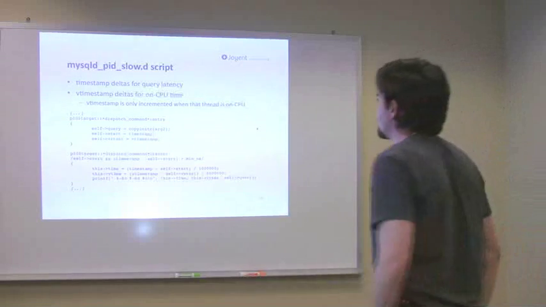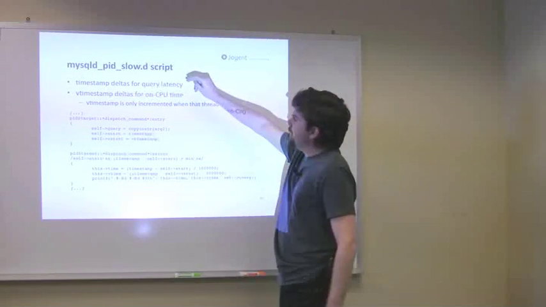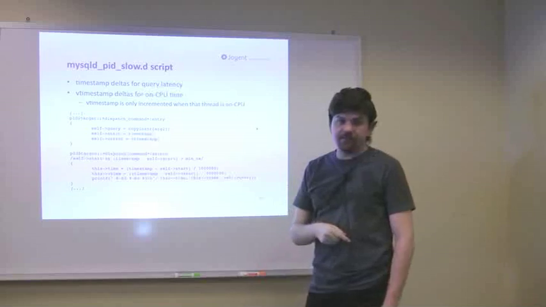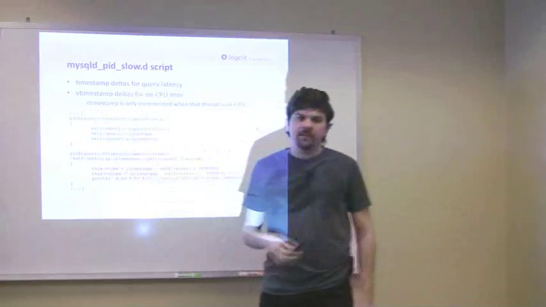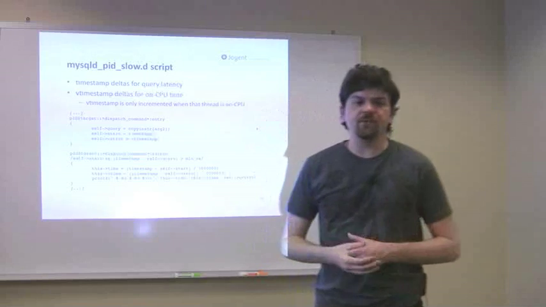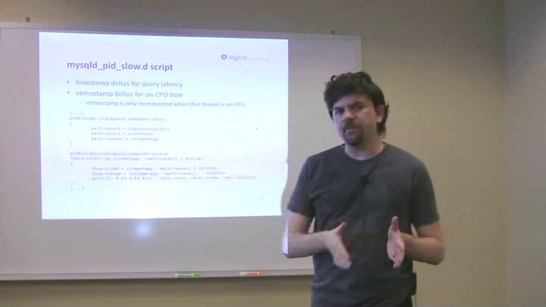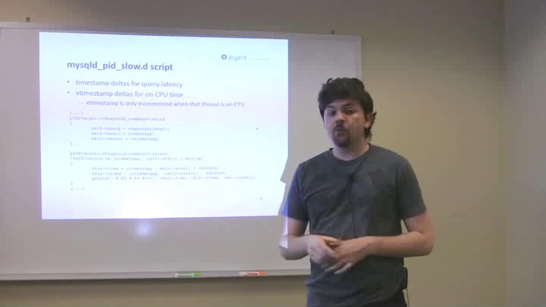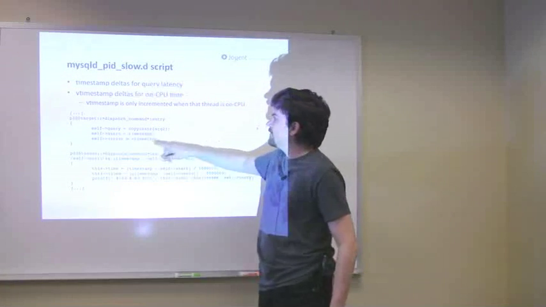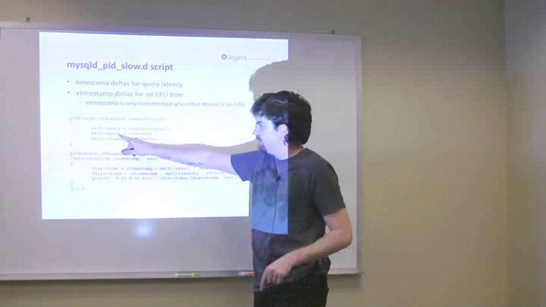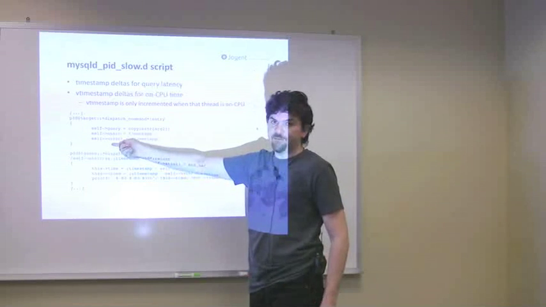How that script works is it does timestamp deltas like I did earlier, but it also does v-timestamp deltas. V-timestamp is a variable that DTrace has that only increments when that thread is on CPU, which is fantastic. When dispatch command begins, we record the time and also the v-timestamp variable.